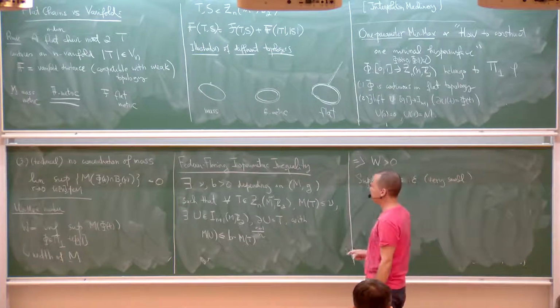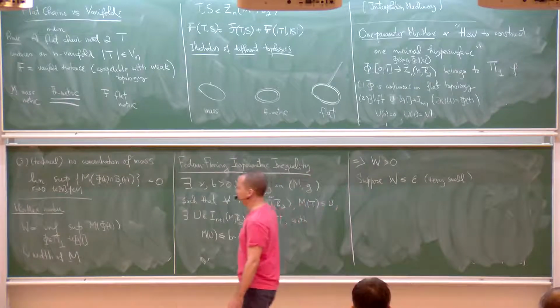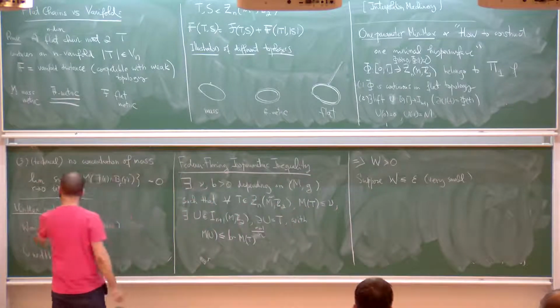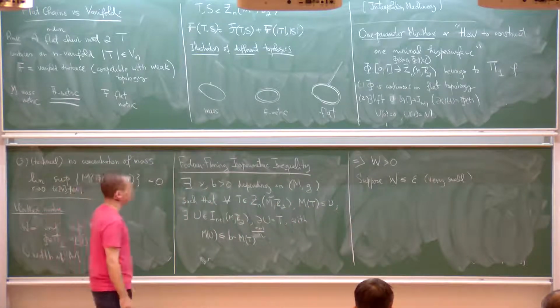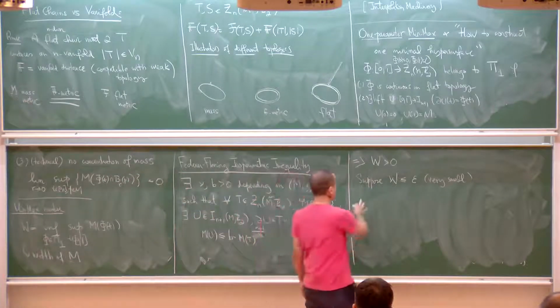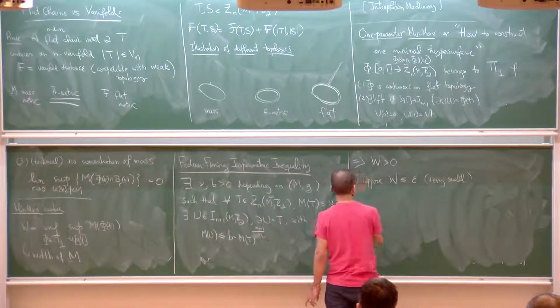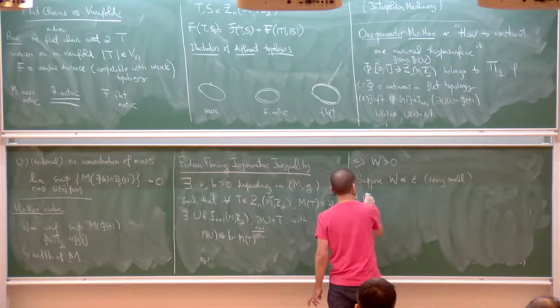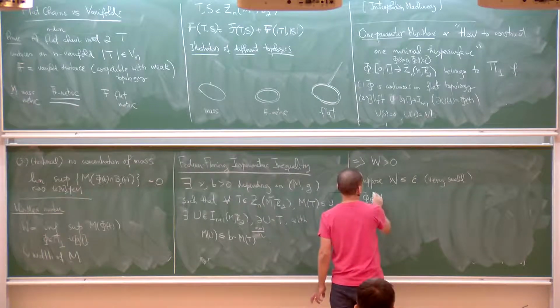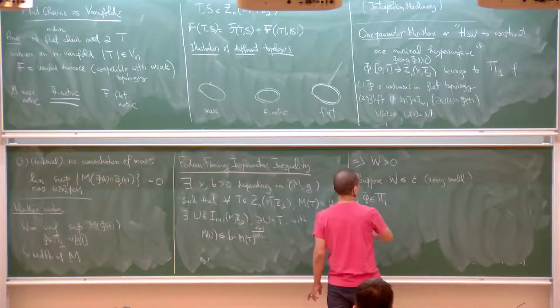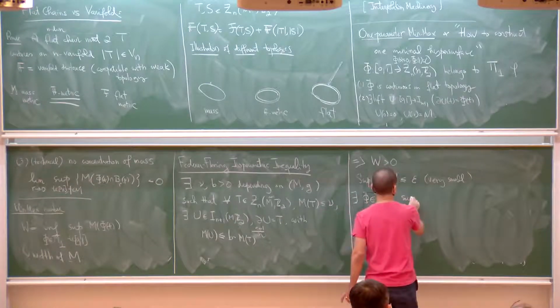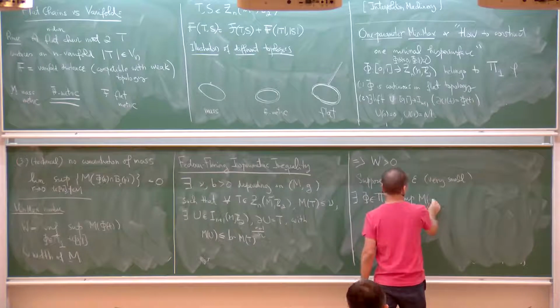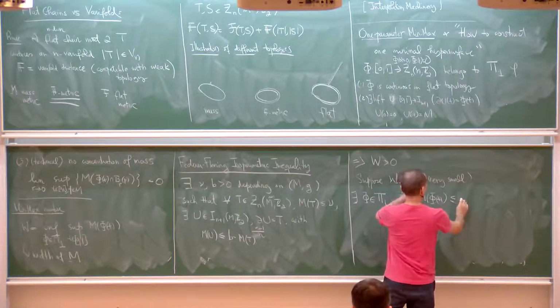So the idea now is that I can find a minimizing sequence, right? If W is less than or equal to epsilon, this means that there exists a map phi in my class such that the sup of the masses is less than or equal to 2 times epsilon.